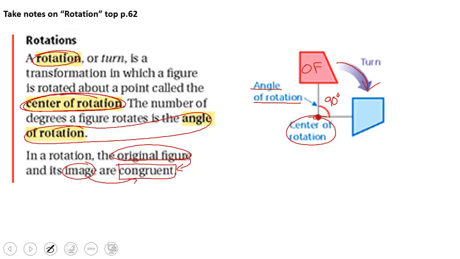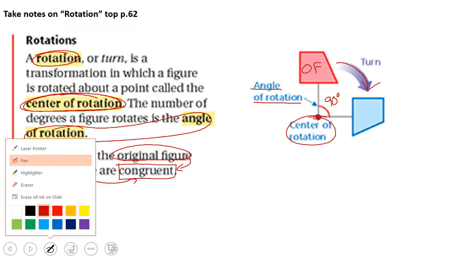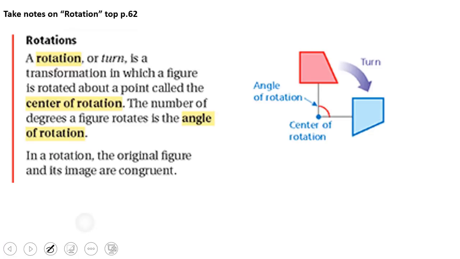There's one other thing I'd like to talk about that it doesn't talk about in the book, and that is that all points on the image are the same distance from the center of rotation as the original. And of course, all points are rotated at the same angle of rotation. In other words, take a quick look right here.